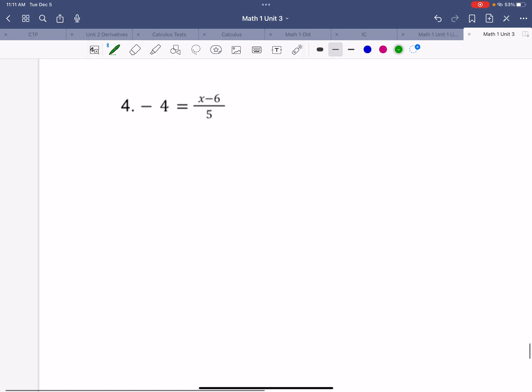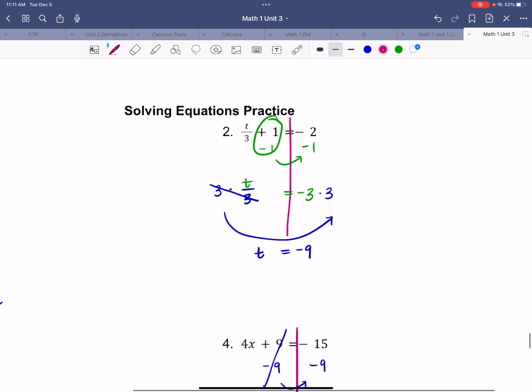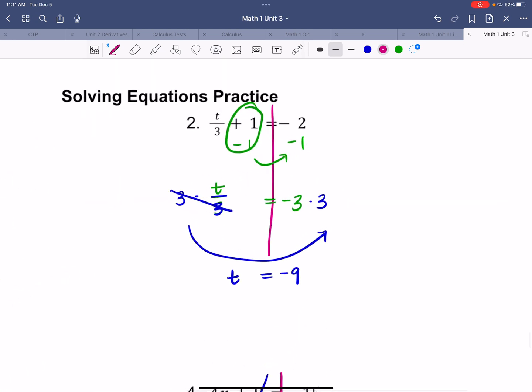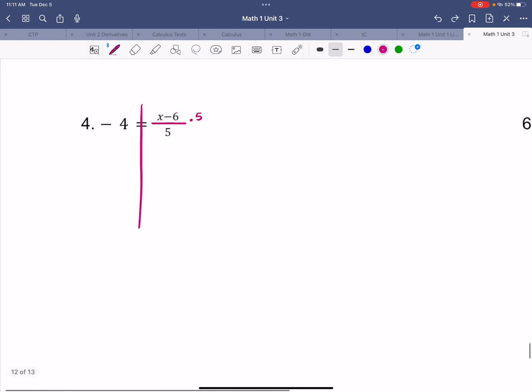All right, number 4. Negative 4 is equal to x minus 6 divided by 5. You can see that everything on the right-hand side is being divided by 5, so the opposite of dividing by 5 is to multiply by 5. This is similar to what we did in number 2, except in number 2 we were only dividing the t by 3, whereas here we are dividing everything by 5.